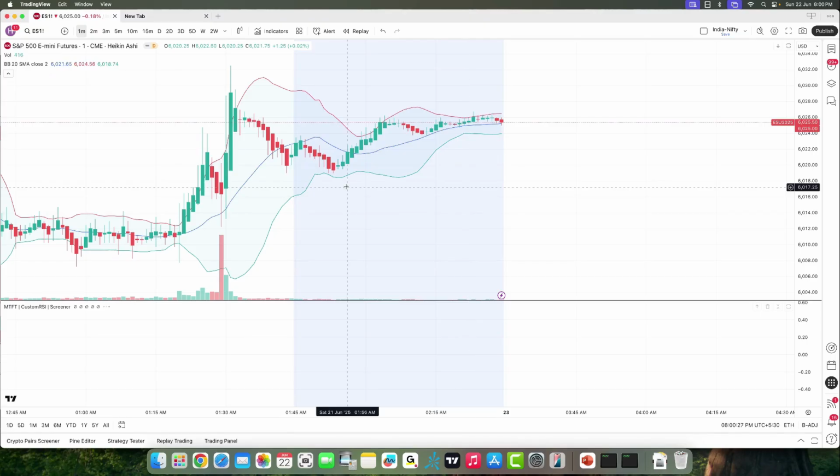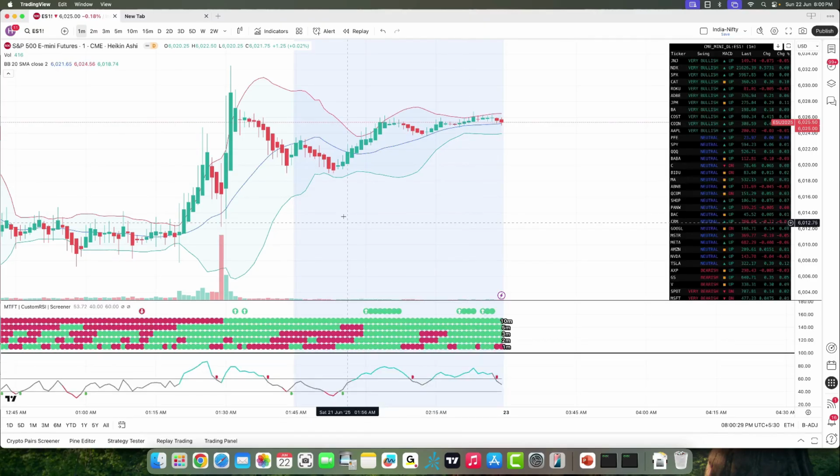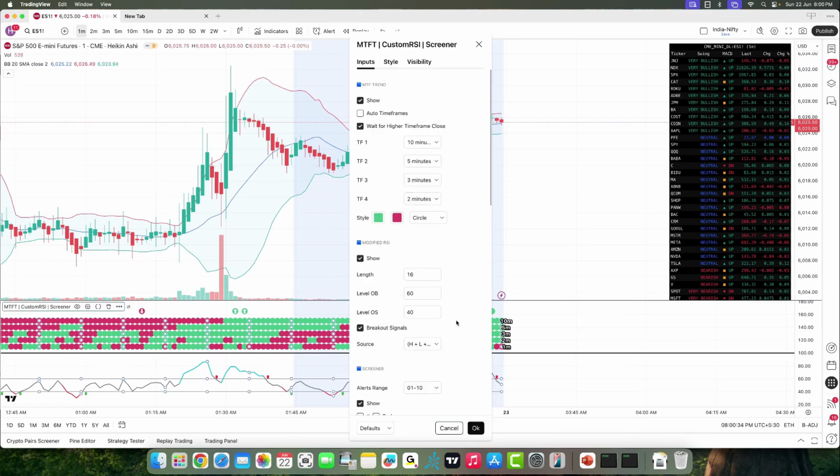So I would say then your chart time frame itself is 5 minutes. The only requirement is that all the other time frames have to be higher than that. So if you were trading on a 5 minute chart, I would say the next would be 10, 15, 20, and 30. That's it.